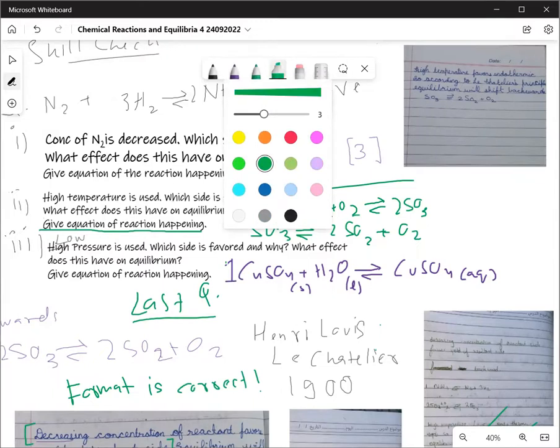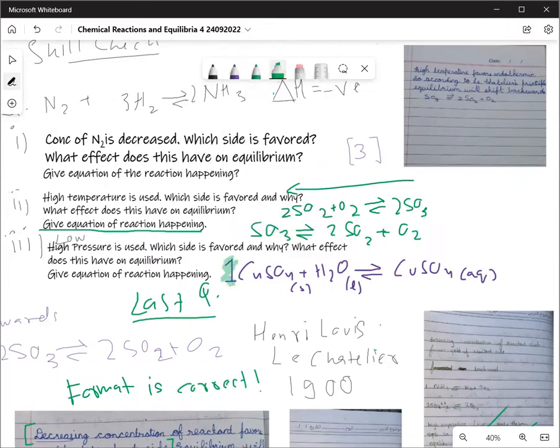Side with less particles. Okay, so according to Le Chatelier's principle, it will shift backward. So 4.